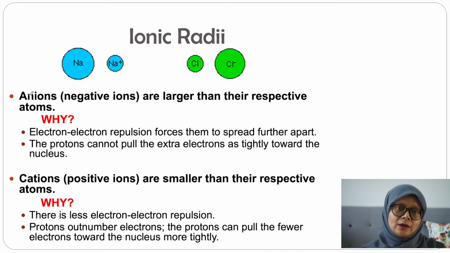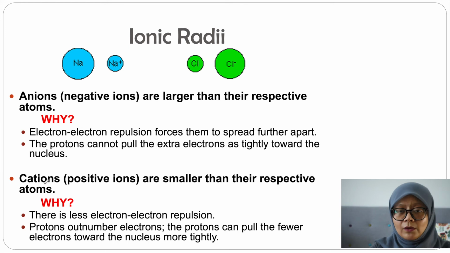So for the anion, negative ions, they are always larger than their respective atoms or their parent atom, because the anions accept or receive electrons. So what happened here, the electron repulsion forces them to spread further apart, and the protons cannot pull the extra electron as tightly toward the nucleus, so it will become bigger.